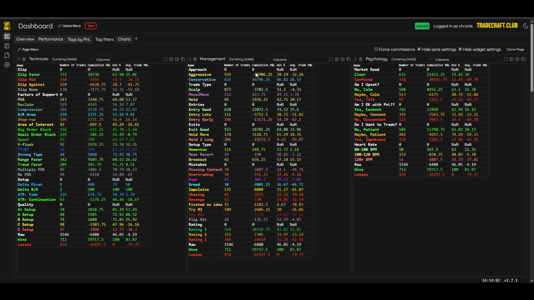I needed to hold more on this specific trade. I definitely sat through some bullshit there.